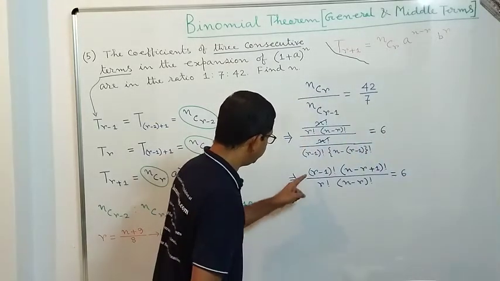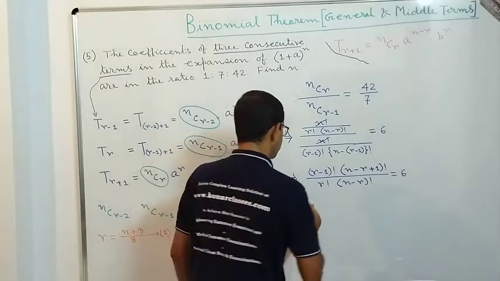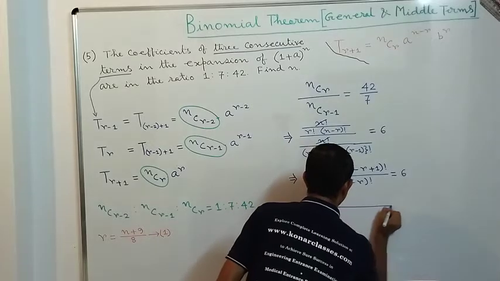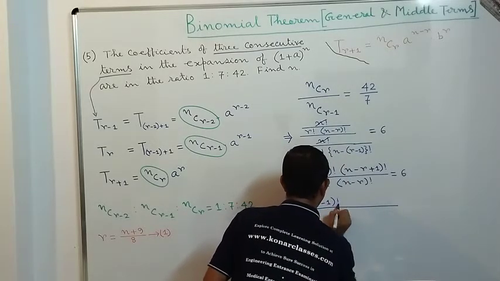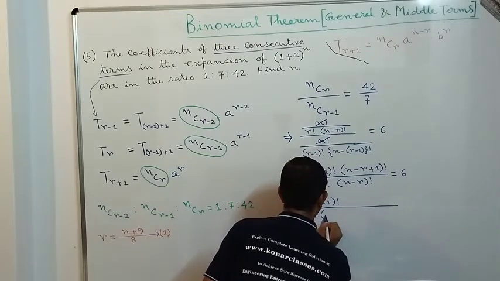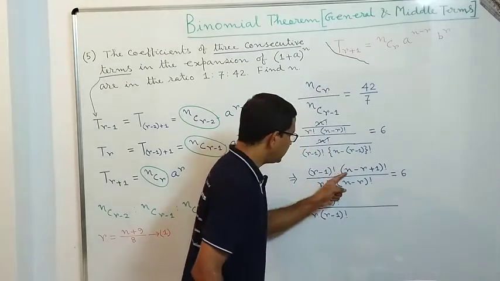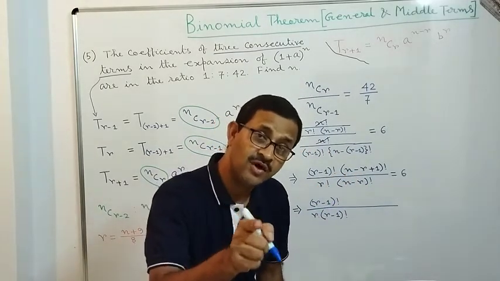Now dear students, between r minus 1 and r, r is larger. So what should we do? We should expand r factorial. So what should we write in the numerator? (r minus 1) factorial, and in the denominator r into (r minus 1) factorial. And between n minus r plus 1 and n minus r, n minus r plus 1 is larger.